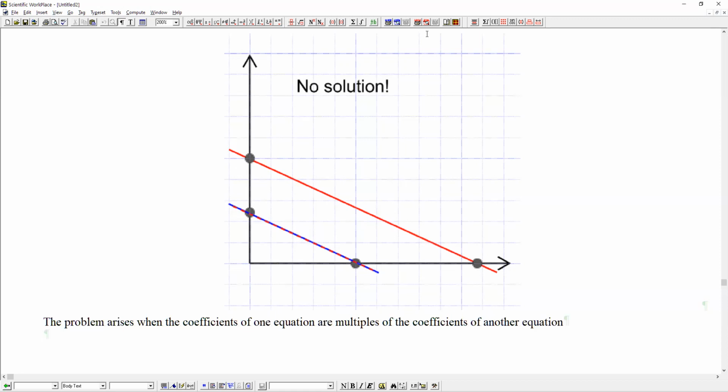So if I put it in matrix form, if I have a 2 by 2 matrix, then I would have, for instance, A1, A2, B1, B2, times X, Y, equals A3, B3.